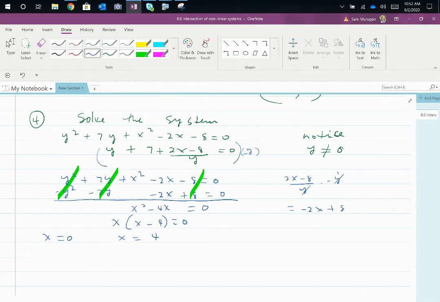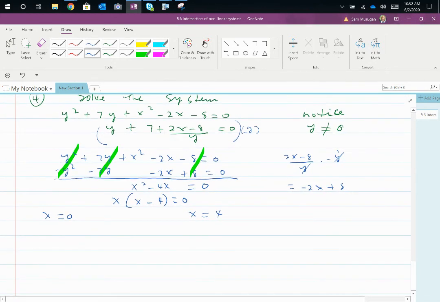So we want to go ahead and make these substitutions first into the first equation. Let's substitute x is equal to 0 in the first equation. We have y squared plus 7y plus 0 squared minus 2 times 0 minus 8 is equal to 0. So this is y squared plus 7y minus 8 is equal to 0.